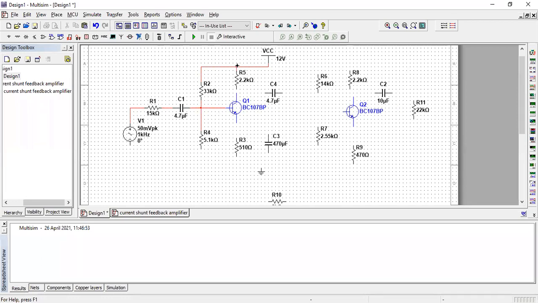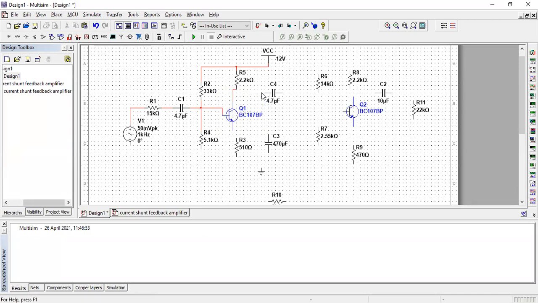From here to here I should connect. Now from the transistor to this resistor I should connect. And now from this capacitor to what should I give?